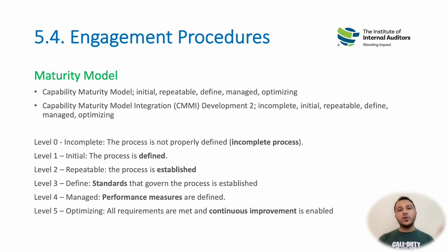Let's say you want to look at the company hiring process. You will look at whether it falls from level 1 to 5. If the highest maturity of a process is 5, then where does our current process fall? Is it at 0, 1, 2, 3, or 4? Level 0 is generally where we have not established a proper process for an activity.